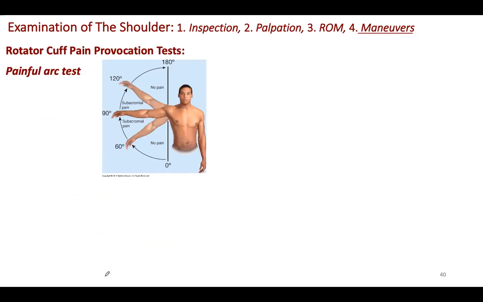The painful arc test means you ask the patient to abduct the shoulder. This is the normal range, from 0, when the arm is just next to the body, to 180 degrees.